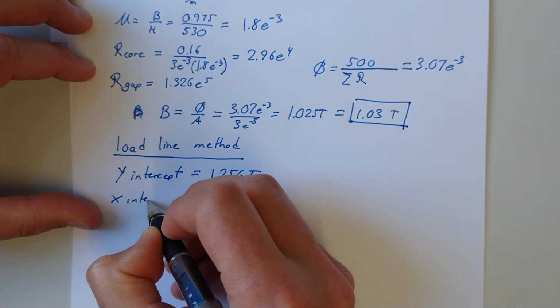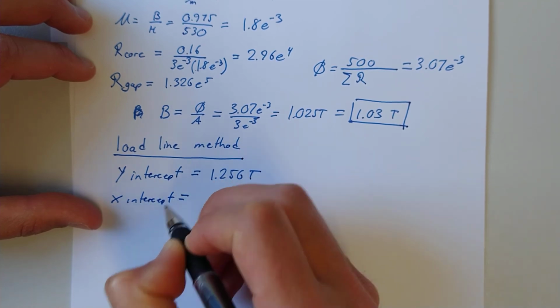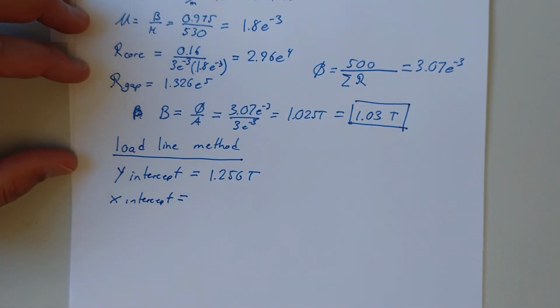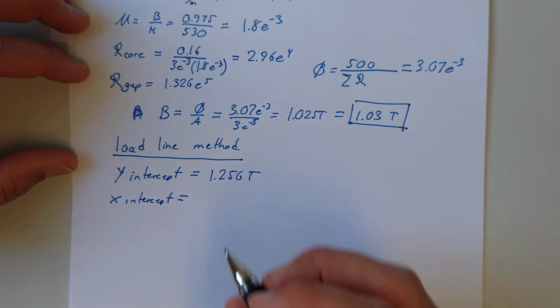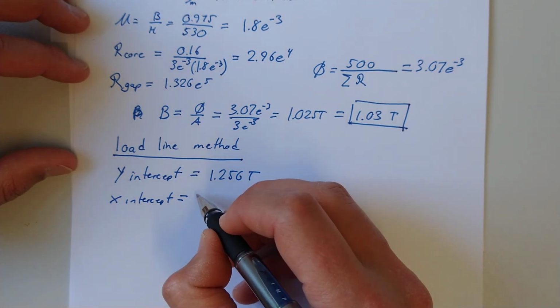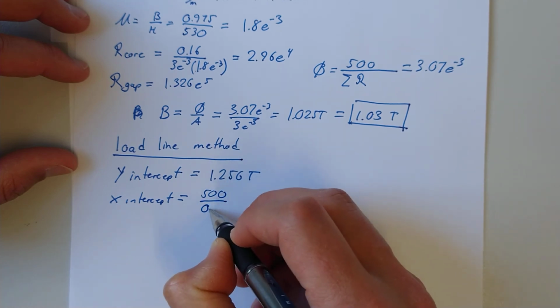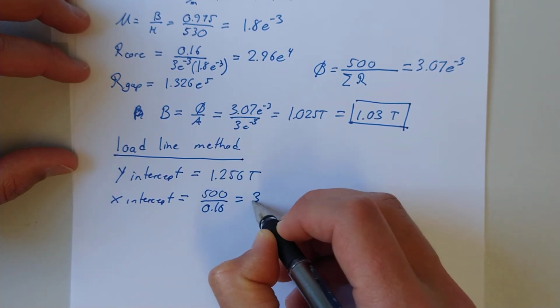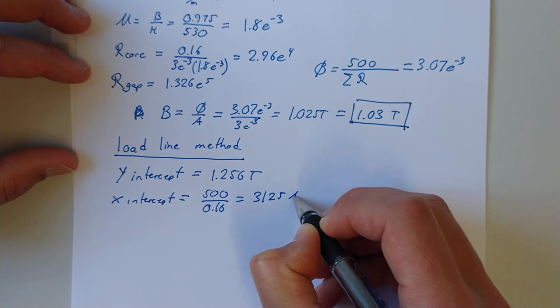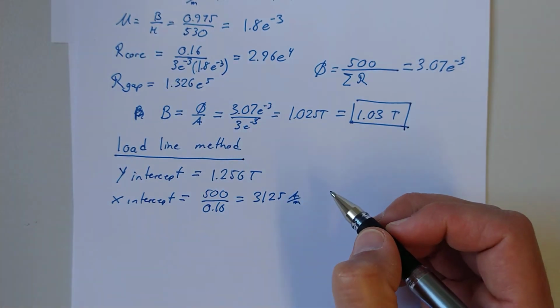The x-intercept is the H field if we ignore the gap, and that's 500 over 0.16, or 3125 ampere turns per meter.